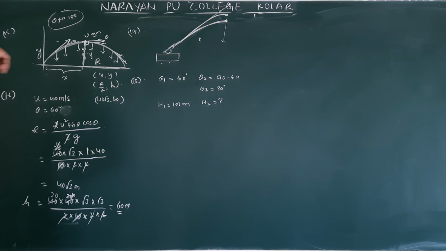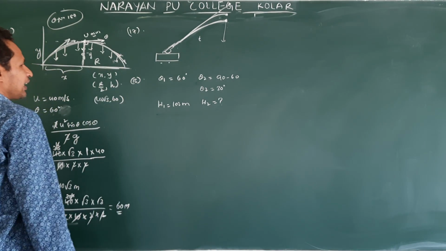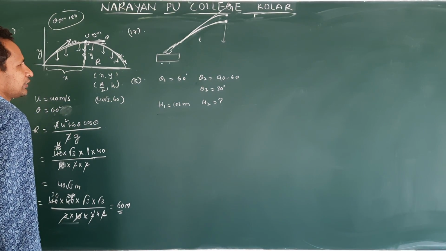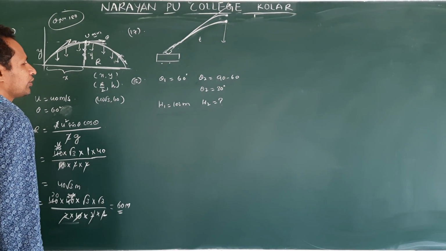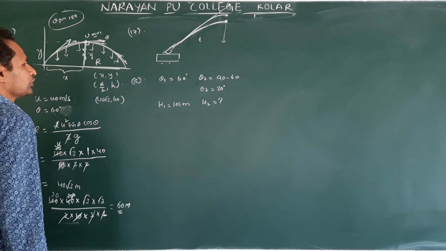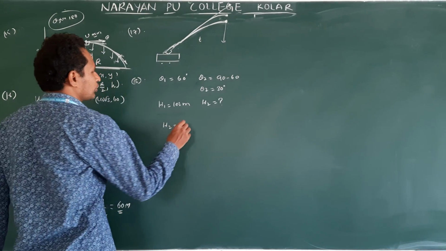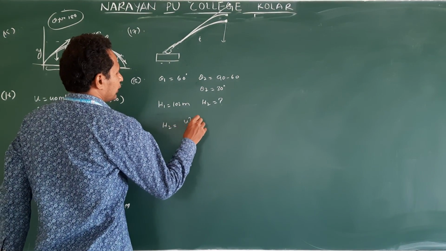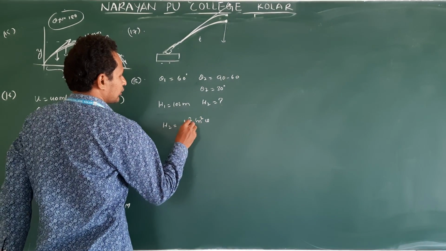Okay. The range remains the same. They are asking for height. Then how do we find this h2? The formula: h2 is equal to u2 square sin square theta 2 by 2g.